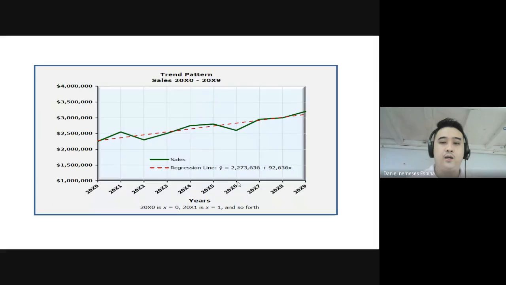This is the formula. Here is the graph of a trend pattern. As you can see, it is almost similar to the regression line, with a minor deviation or difference.